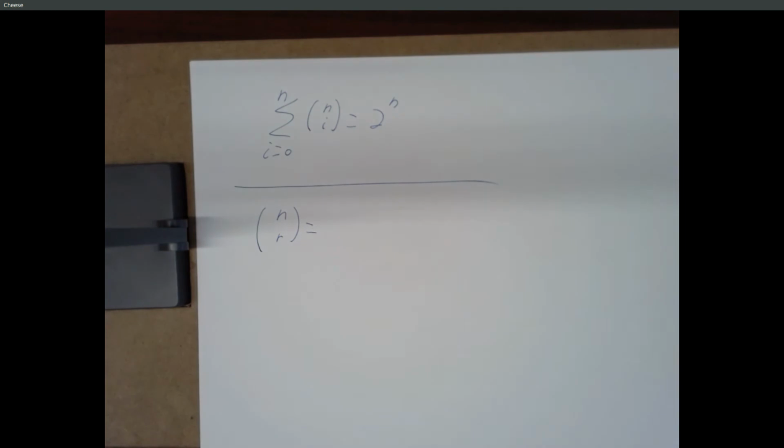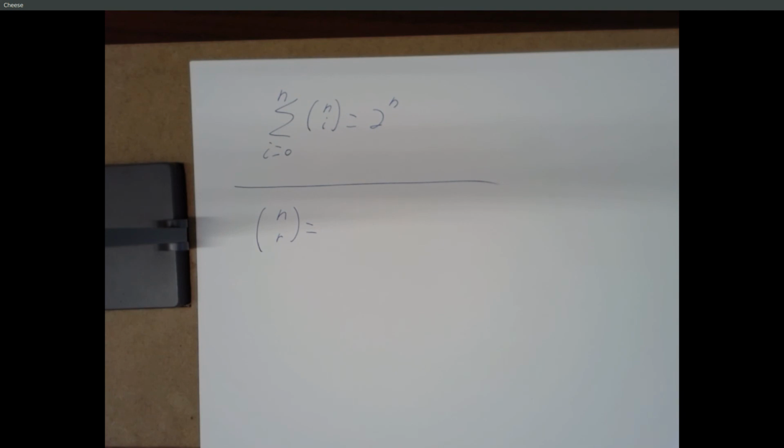This is the number of ways that I can choose R objects from this set of n. So I got n objects, and I need to pick 3 of them. I'm going to say you, and you. Okay, I'm going to pick R objects. This is the number of ways I can do that. If I select R objects from n, have I also selected n minus R objects from n?